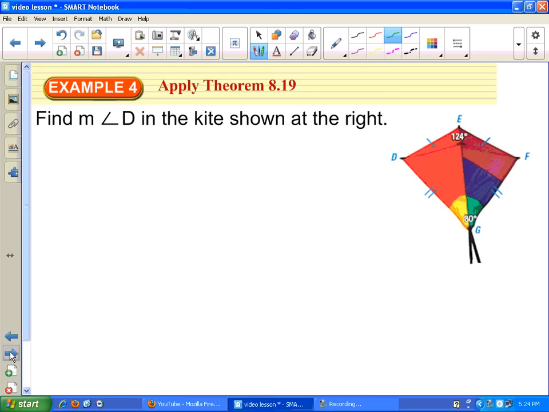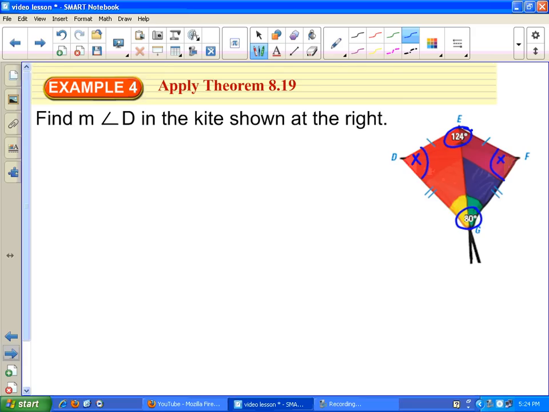Alright, so we have a picture of a kite here. We know that angle E is 124 degrees. Angle G is 80 degrees. And we need to find the measure of angle D. Well, the problem is we don't know what angle D is, and we don't know what angle F is. But we know they have to be the same, because 124 and 80 are not the same.